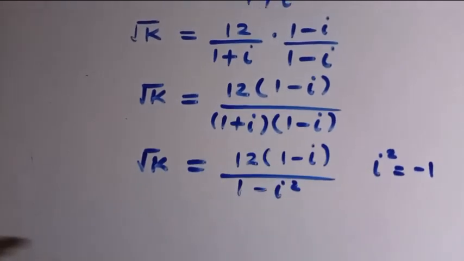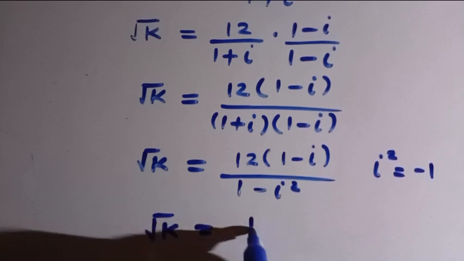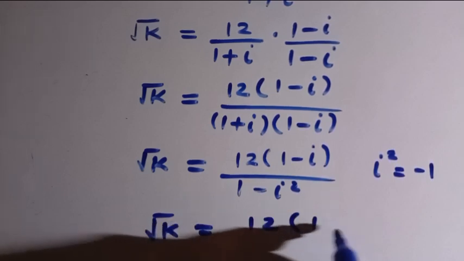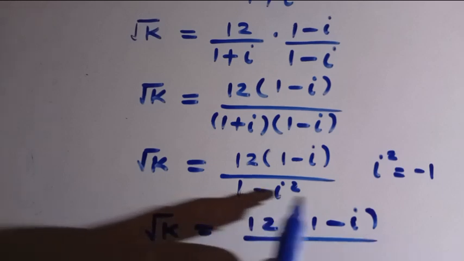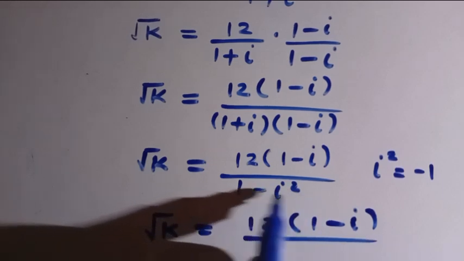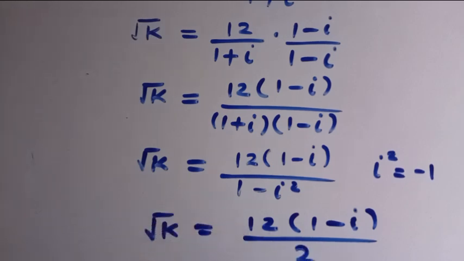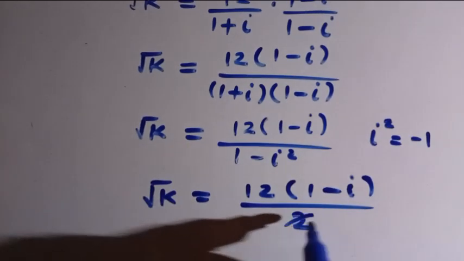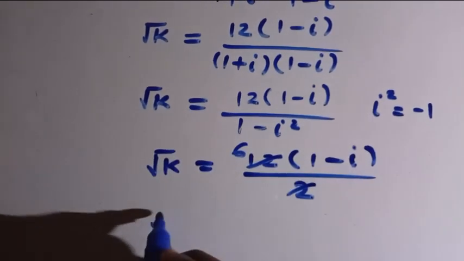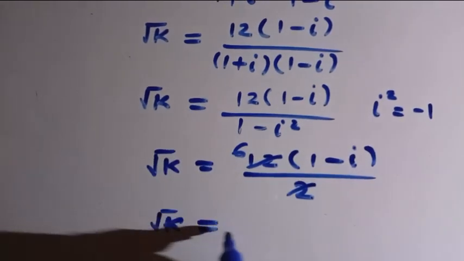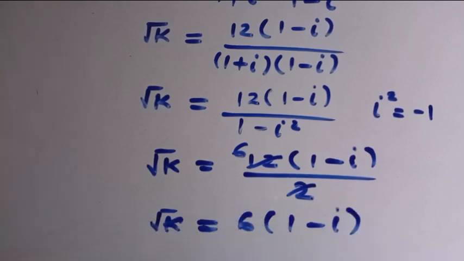So therefore we have square root of k equals 12 into bracket of 1 minus i divided by i squared, that is minus 1. So minus times minus is plus, and 1 plus 1 is 2. So 2 cancels 2 here, that is 6. So here we have square root of k equals 6 into bracket of 1 minus i.